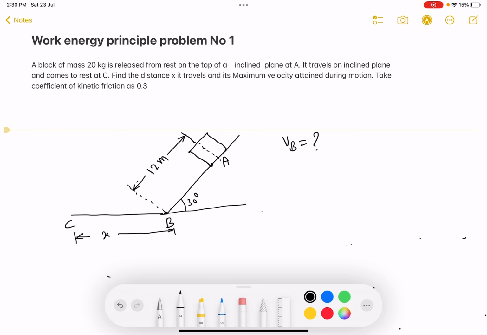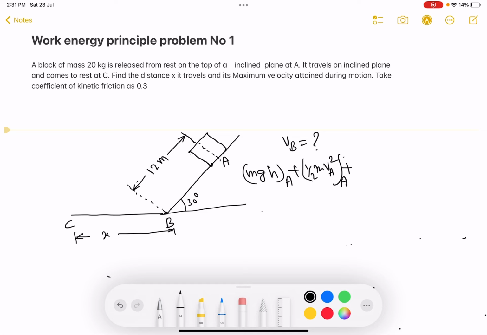We'll say the potential energy at A. When you say energy at A, the body will have potential energy, so I write mgh, this is the potential energy at A, plus the kinetic energy at A, that is half m VA square, all of this at point A, right?